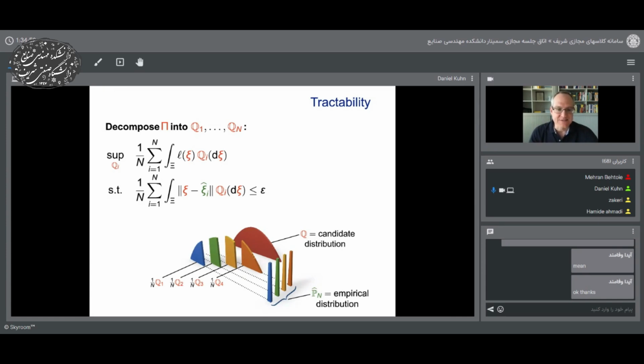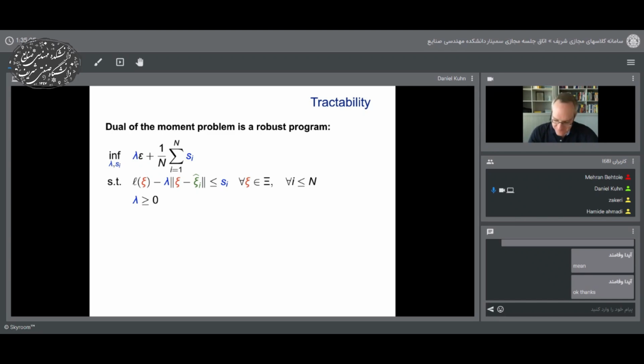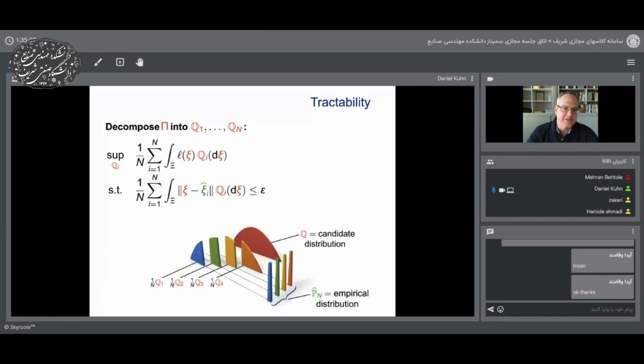But there are infinitely many decision variables, because the Qi's are probability distributions on the set capital Xi, which could be the whole space, or it could be a polyhedron or an ellipsoid. However, this moment problem is actually a linear program, because the integrals are linear in the probability distributions. So the objective function is just a linear function of the Qi's, and the constraints are linear functions of the Qi's.